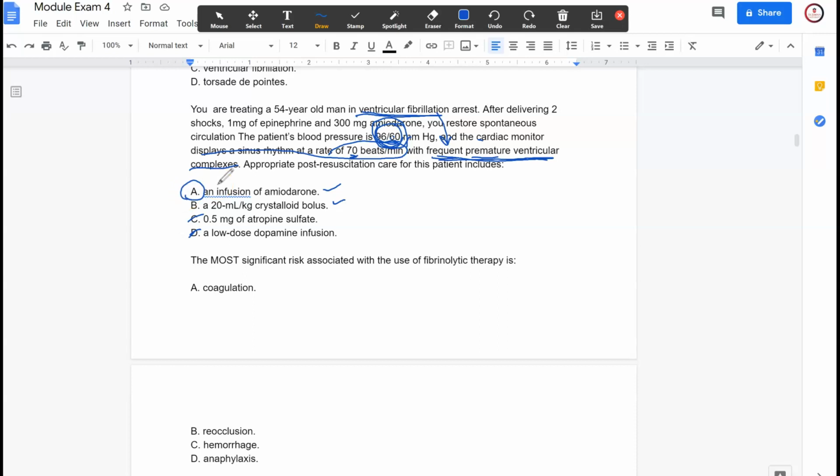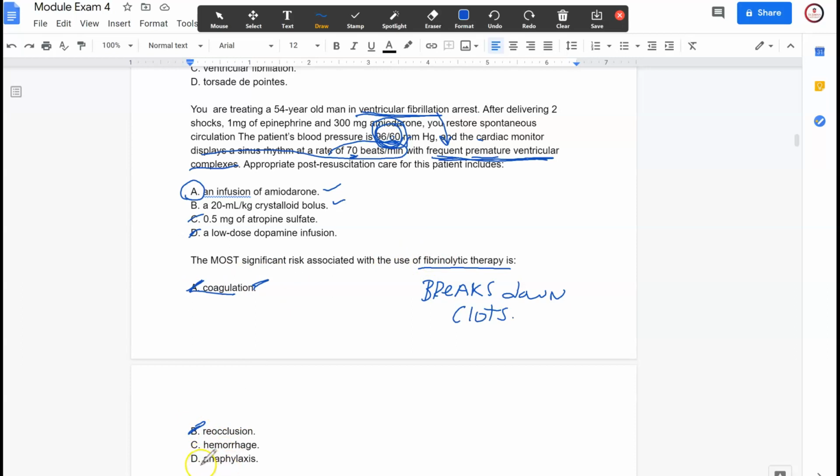What is the most significant risk associated with the use of fibrinolytic therapy? This is why we don't carry it on the ambulance. Fibrinolytic therapy breaks down clots. This is what we use for strokes. So it's not going to be coagulation. That means blood clotting, and this is doing the opposite of coagulation. Reocclusion, again, opposite.